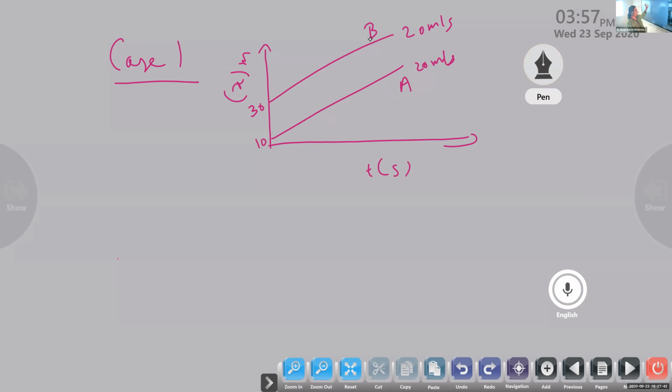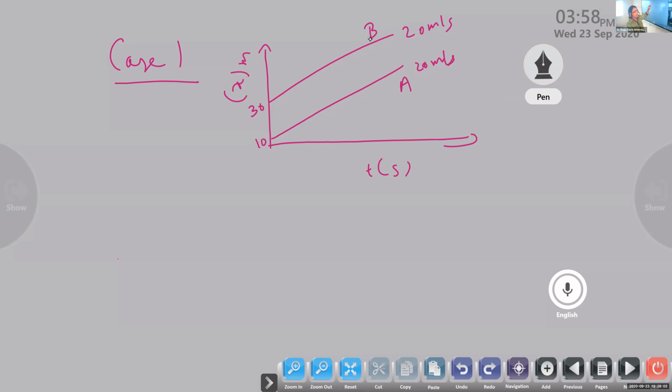No. It means that this is 10 meter. This graph starting from 10 meter means this bus or train must have started early at a 10 meter distance. This indicates distance, not velocity. This is distance, this is time, because our question is the rate of change in position.